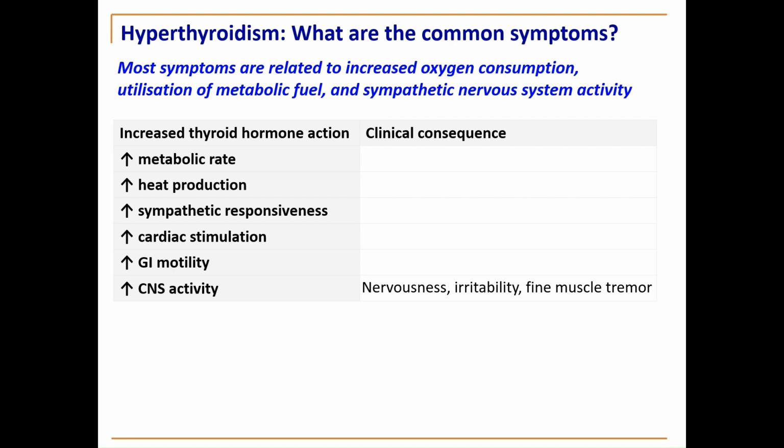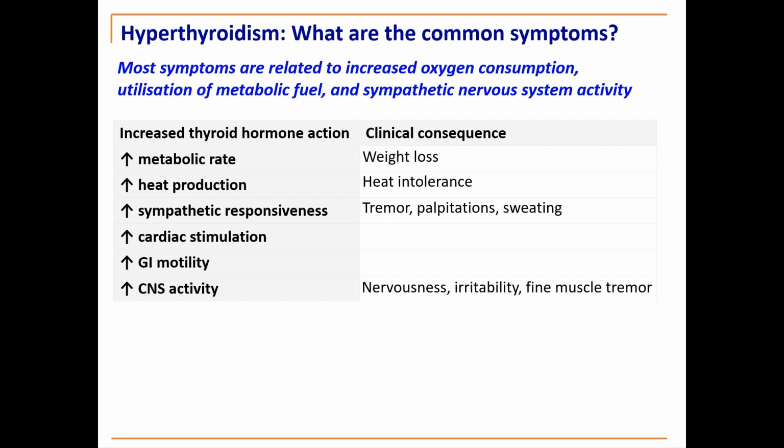Okay, so should be nice and easy. So if there's an elevated metabolic rate because you've got too much thyroxine, obviously that can lead to weight loss, often despite an increase in appetite. You'll get an increase in heat production, of course, because you're breaking more fuel down. So that can cause heat intolerance, but also an increase in sweating as well because of sympathetic responsiveness.